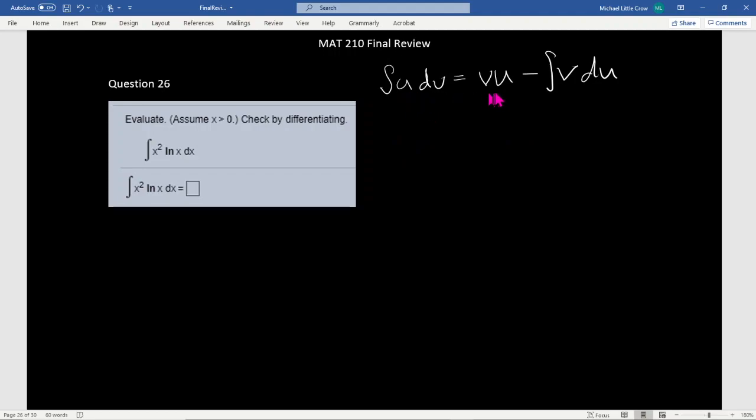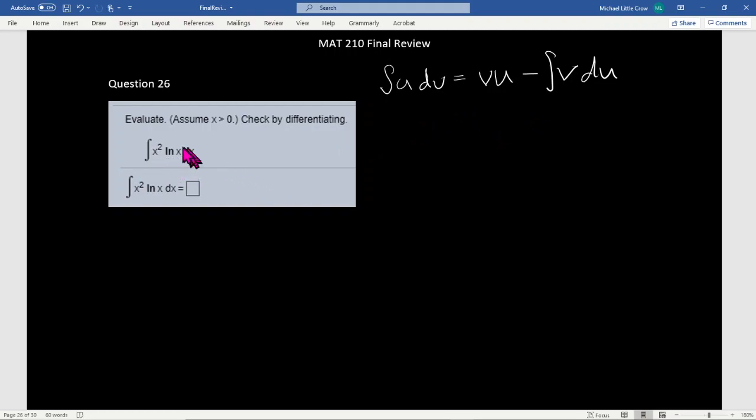So now the big thing is choosing our pieces. Again, we want to find something where we take its derivative, we get something that goes away, and that when we integrate doesn't get too much worse. Now, usually, like in the last one, the part that had the x squared, we don't want to integrate that because that's going to become x to the third.